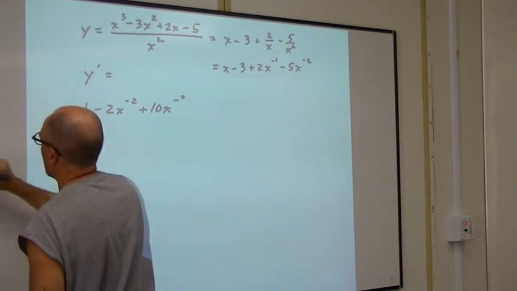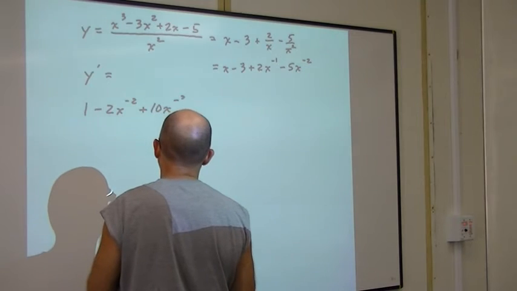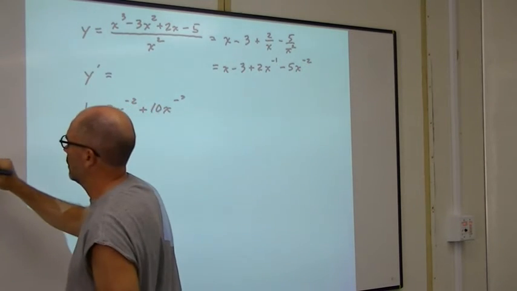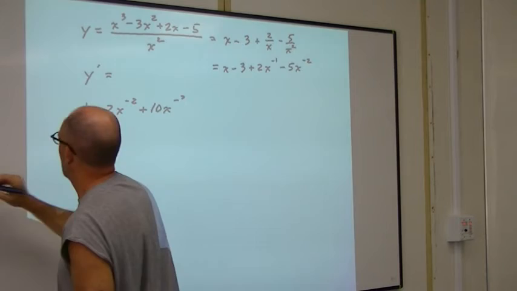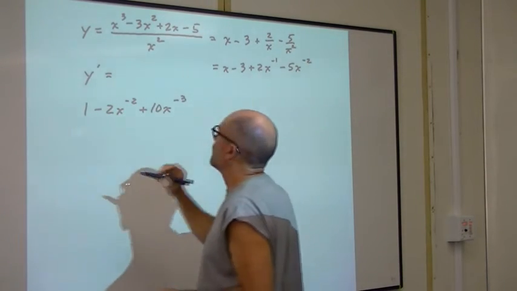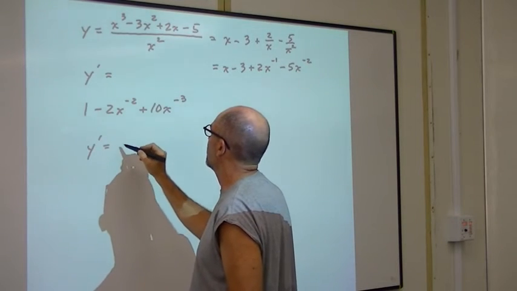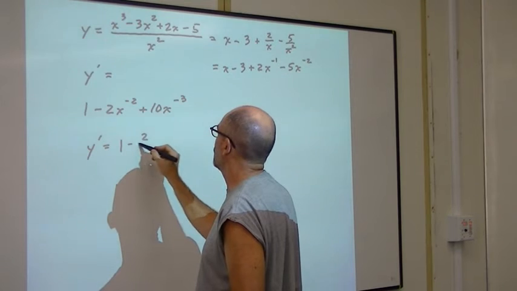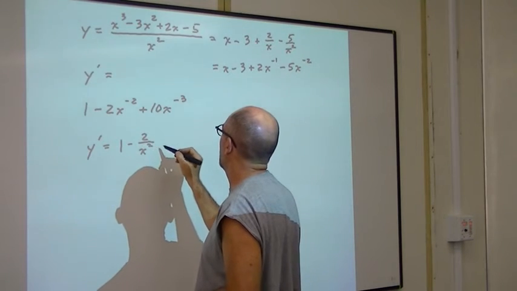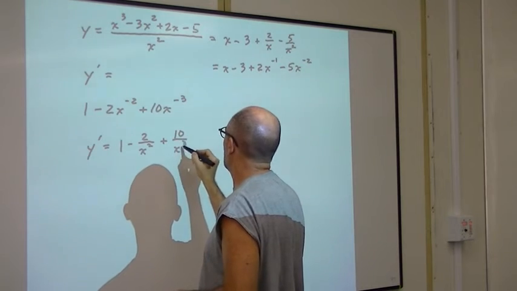And so there we are. To simplify this, we'd have y prime equals 1 minus 2 over x squared plus 10 over x cubed.